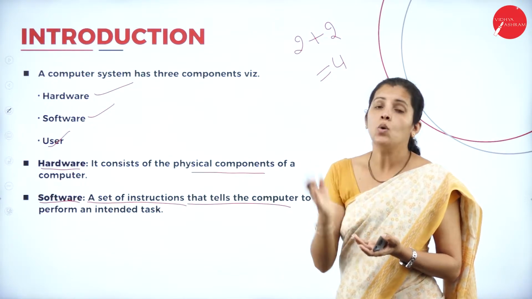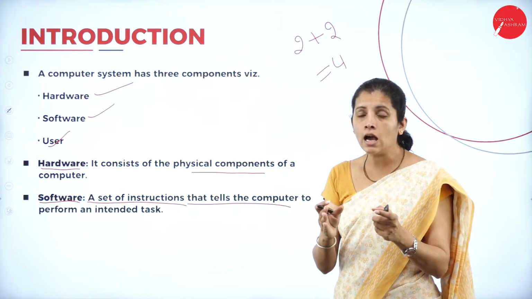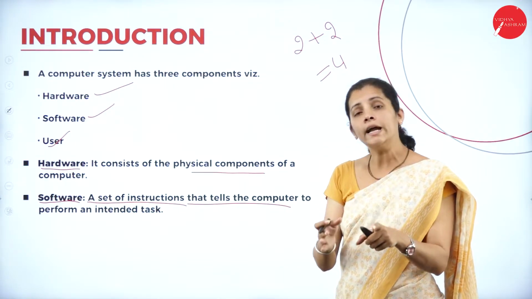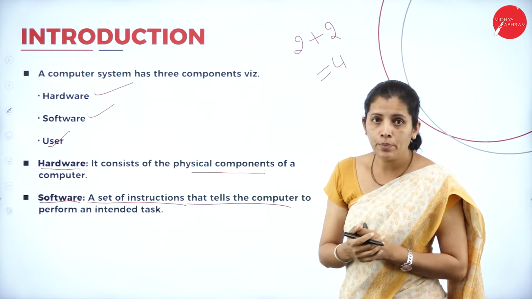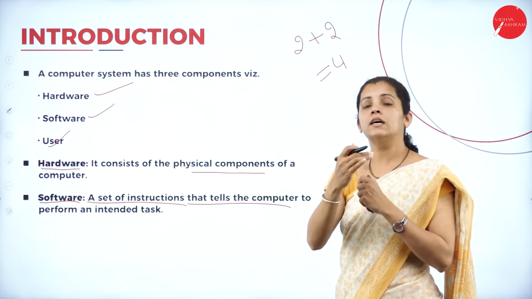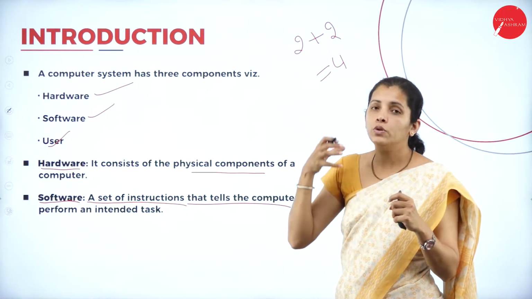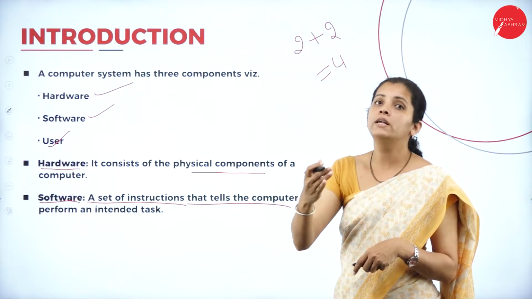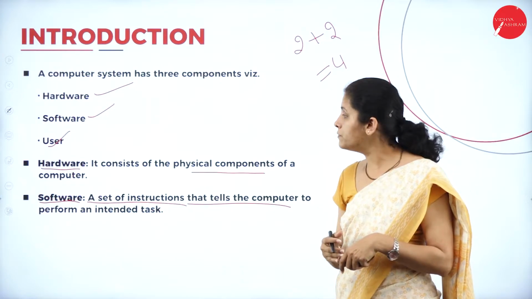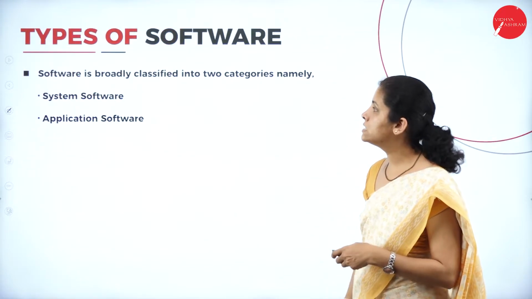After addition, once again, I'm going to instruct the computer system to display the output to the user. At the same time, store the output in the computer memory. So this is nothing but the step-by-step execution. I'm going to give the instruction to the computer system to perform its execution. That is itself known as software or set of instruction.